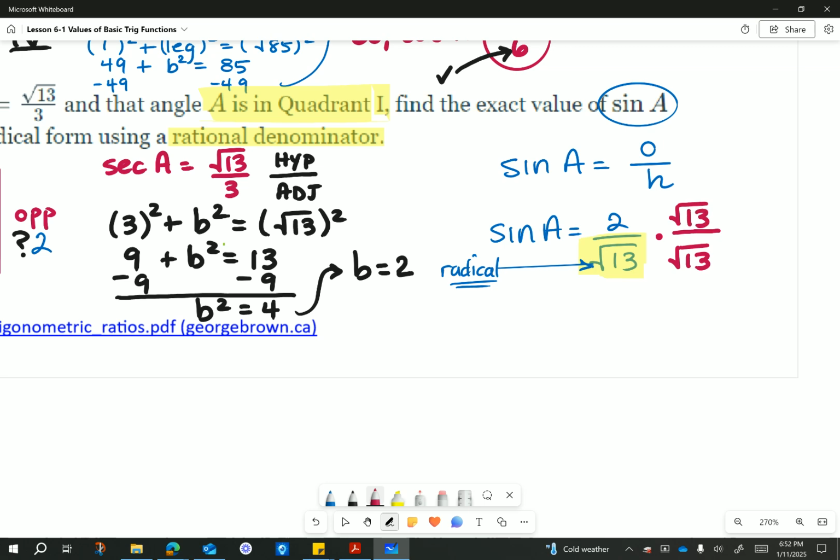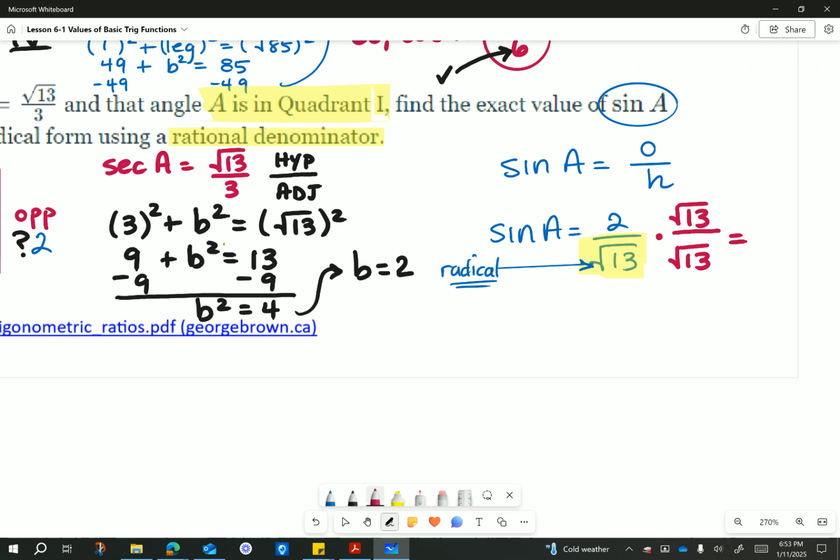Make sure that radical is in simplified format. The square root of 13, when you do the factor tree for square root of 13, 2 doesn't go in, 3 doesn't go in, 5 doesn't go in. The only one that goes in is 1 times 13, and you can't go any further than that. So make sure your radicals are fully simplified, okay?